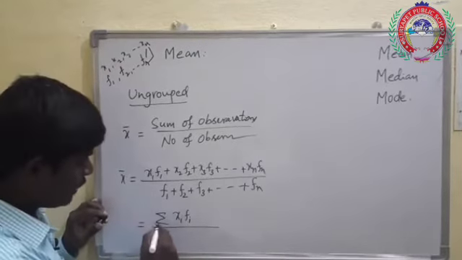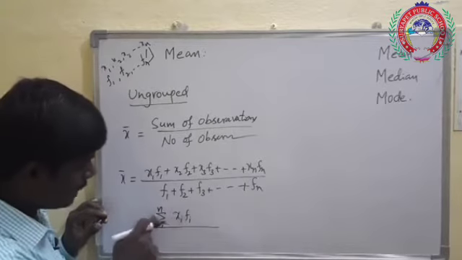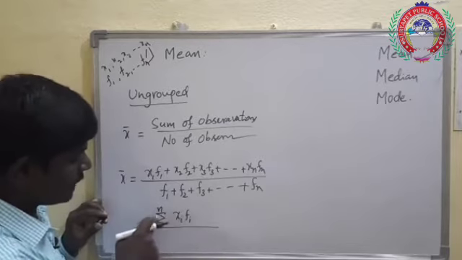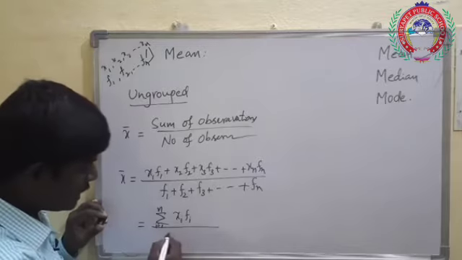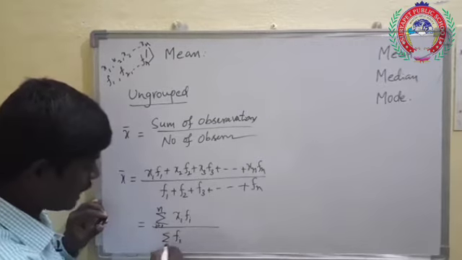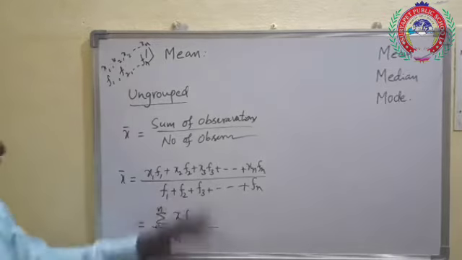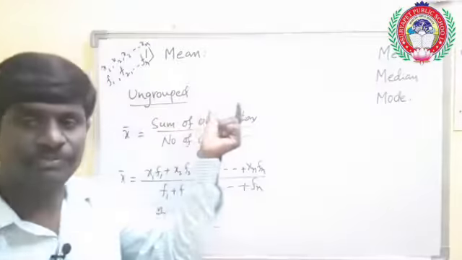In the place of i we can take 1 to n. It means x1 f1 plus x2 f2 plus x3 f3 and so on up to n. And the denominator will be sigma fi, where i equals 1 to n. So these are the formulas to find the mean of ungrouped data.